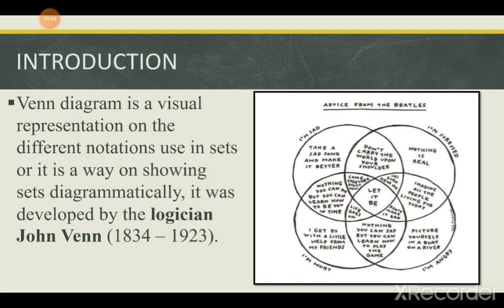A Venn diagram is a visual representation of the different notations used in sets, or a way of showing sets diagrammatically. It was developed by the logician John Venn. My example is the advice from the Beatles. I did not yet relate it mathematically.